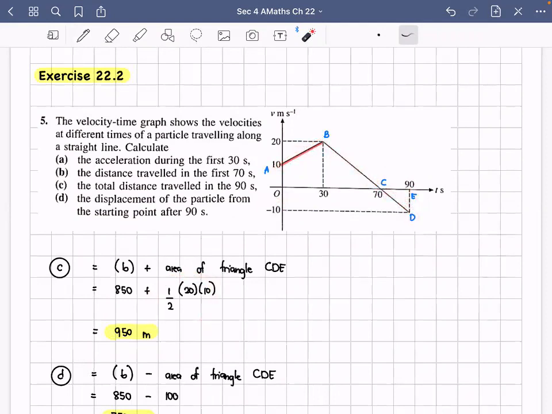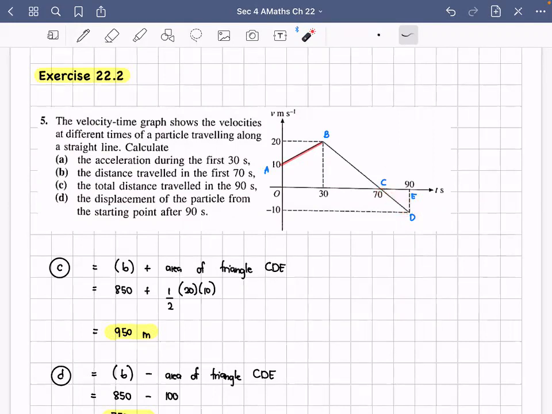But for letter D, you need to calculate the displacement of the particle from the starting point after 90 seconds. So displacement, class. In this case, this portion here is below 0, right? If a displacement is below 0, that means it's negative.